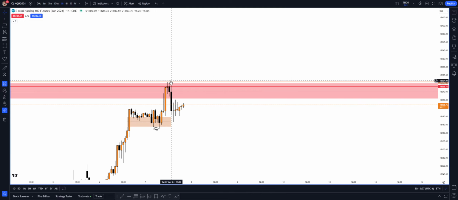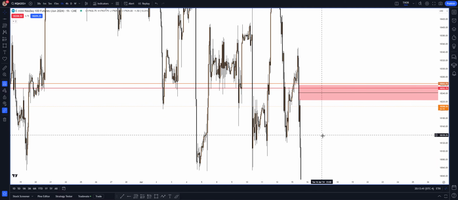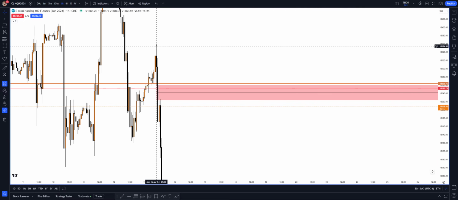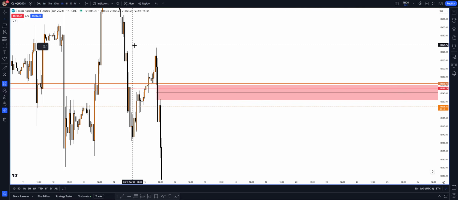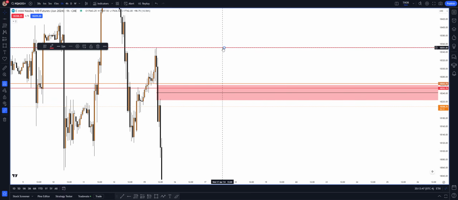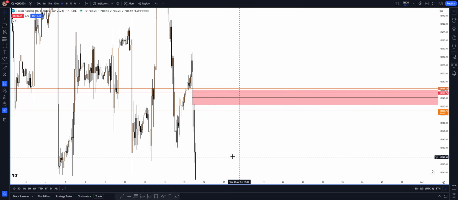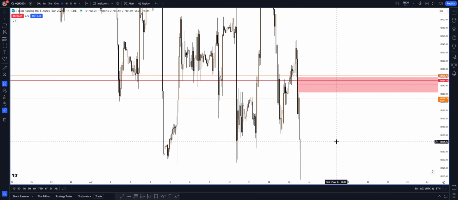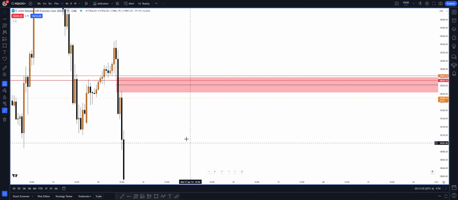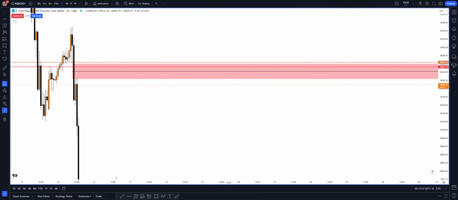It's just doing the damage and sells off afterwards. Also, one more thing, ES already took out this high, so there's an SMT divergence. Now here's the unknown part. I don't know if Nasdaq wants to catch up with ES. I would rather have Nasdaq not catching up, but we'll see.